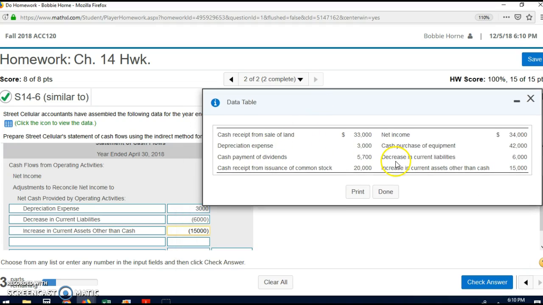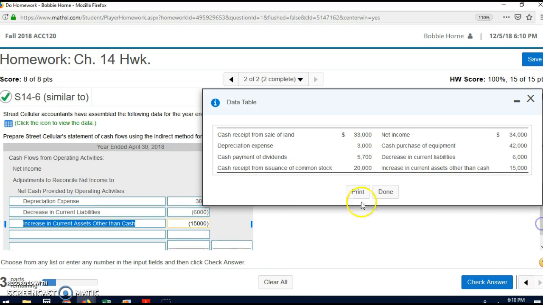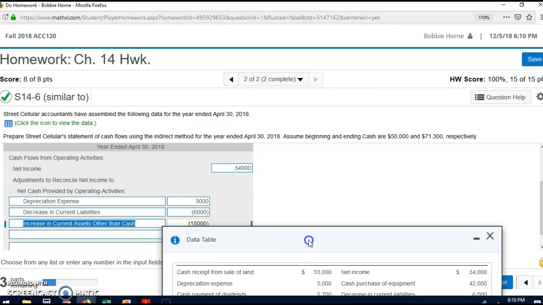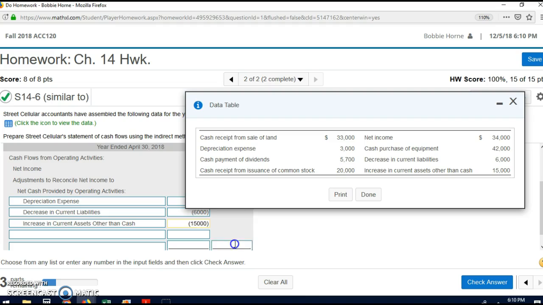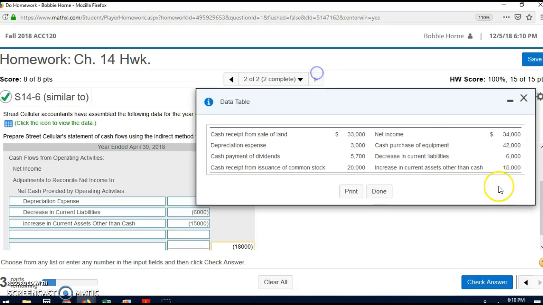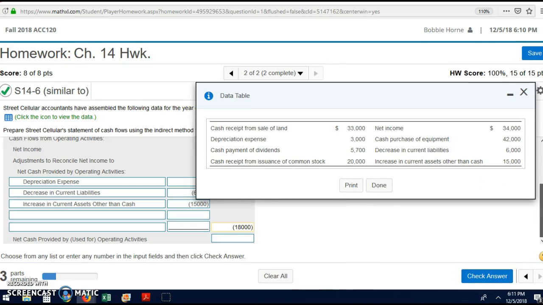And I think that is it. So let me net this out. That would be 21,000, and then 3 would be a deduction of 18,000. And 34,000 minus 18,000 would be 16,000.